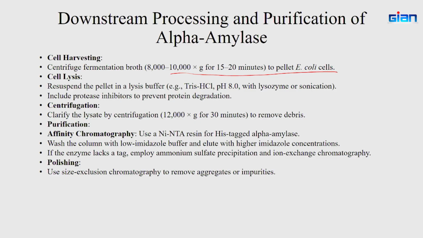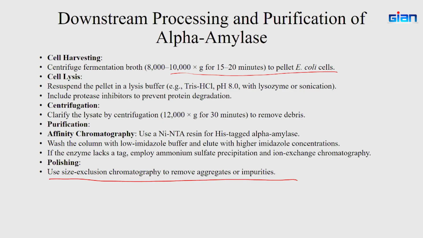Then cell lysis has to be done because it's an intracellular enzyme, so we have to break the cell. A Tris HCl buffer is commonly used, along with lysozyme, and ultrasonication can also be done for cell lysis, for easier separation of the cellular components.